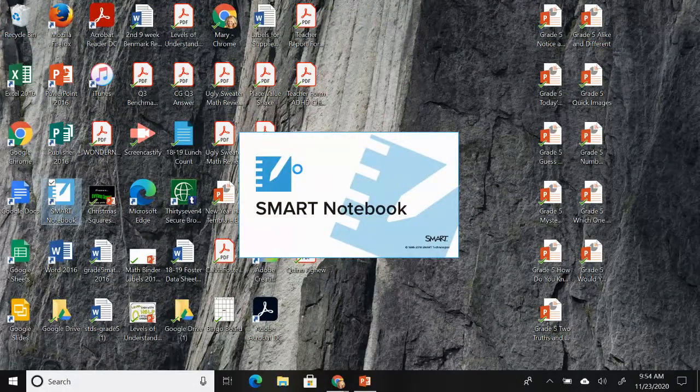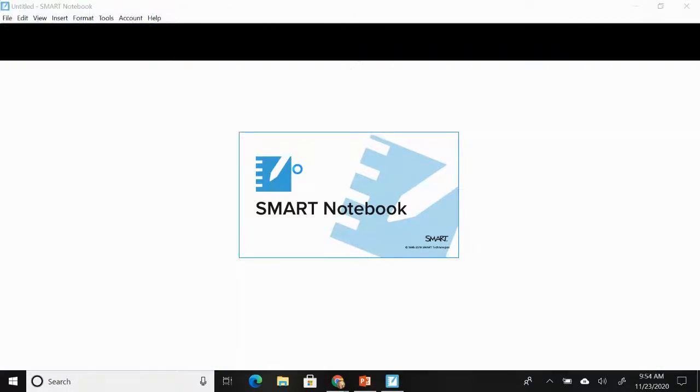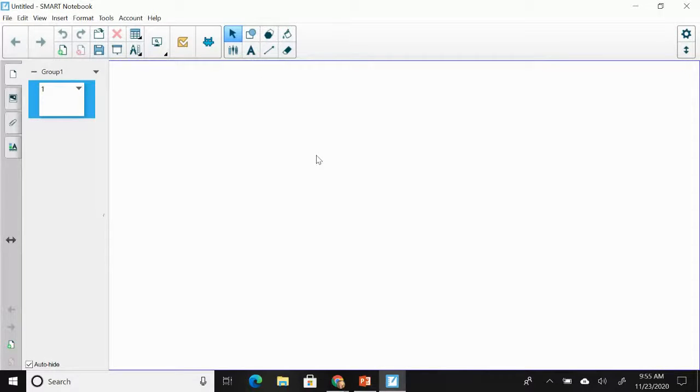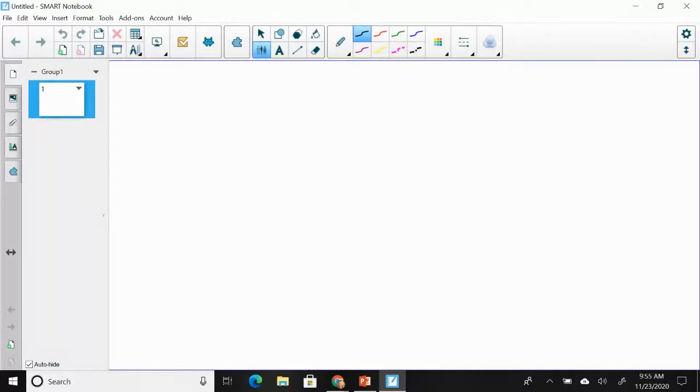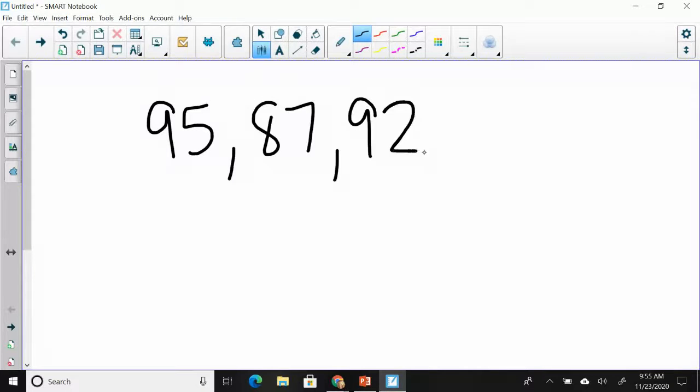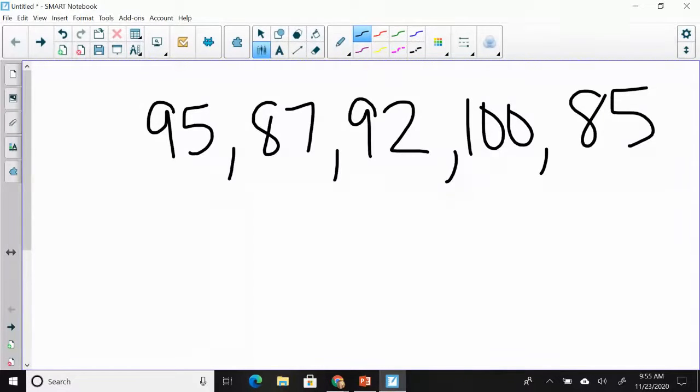Let's say your grades were a 95, an 87, a 92, a 100, and an 85. If you had those 5 grades right now, I'm going to rearrange them and put them in order from least to greatest. So there's my smallest.